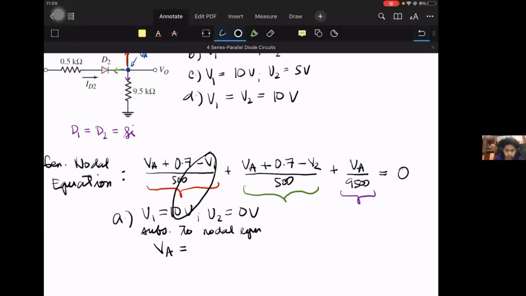One equation of one unknown, solve for VA.